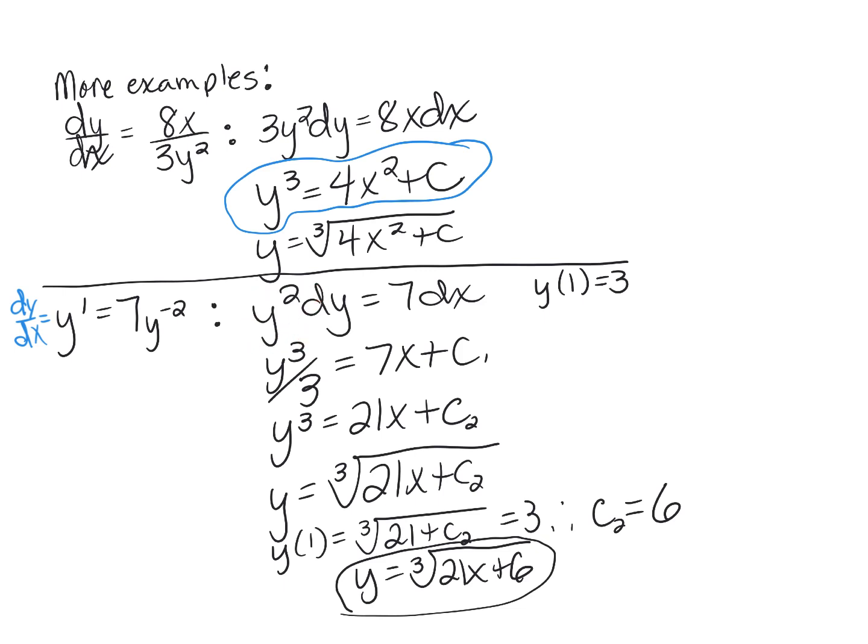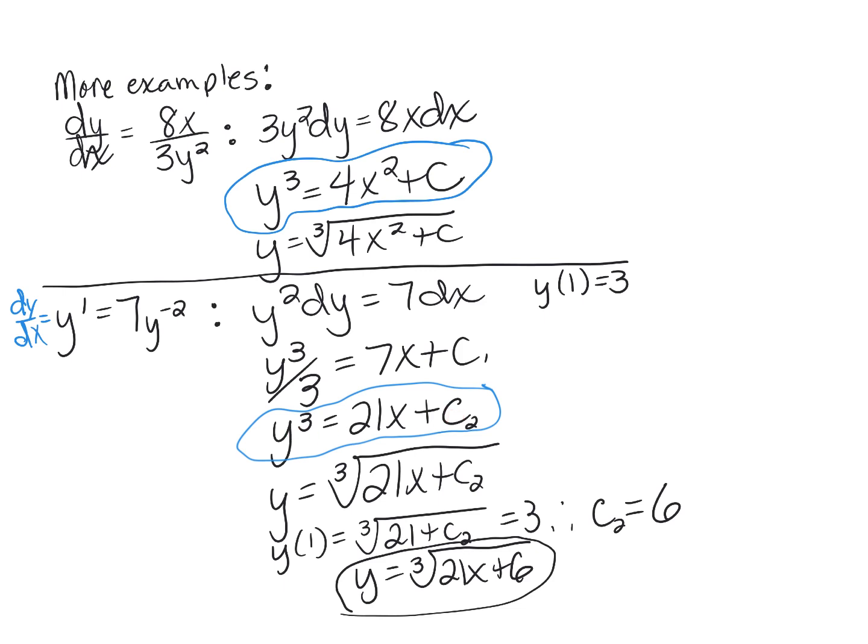Integrate this side with respect to y, integrate this side with respect to x. Don't forget your constant. Now, I want to get rid of the 3 in the denominator, so I multiply both sides by 3. Notice that c1 multiplied by 3 just gives me another constant, and that is perfect for finding your answer right here. I went a step further and took the cube root of both sides, but I could take my constraint and plug it in this form.